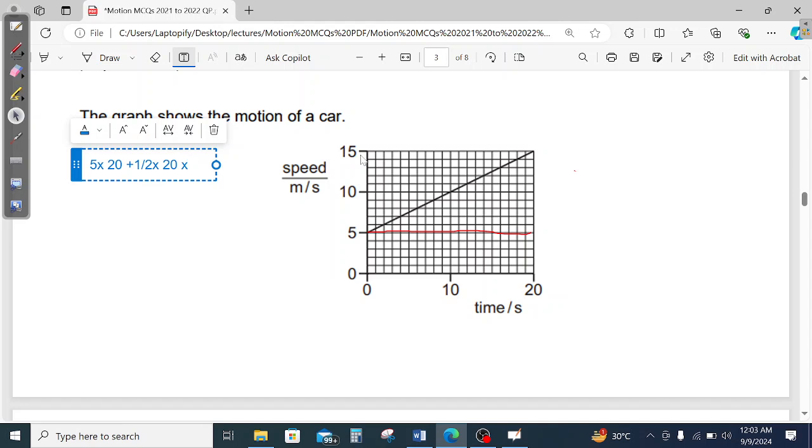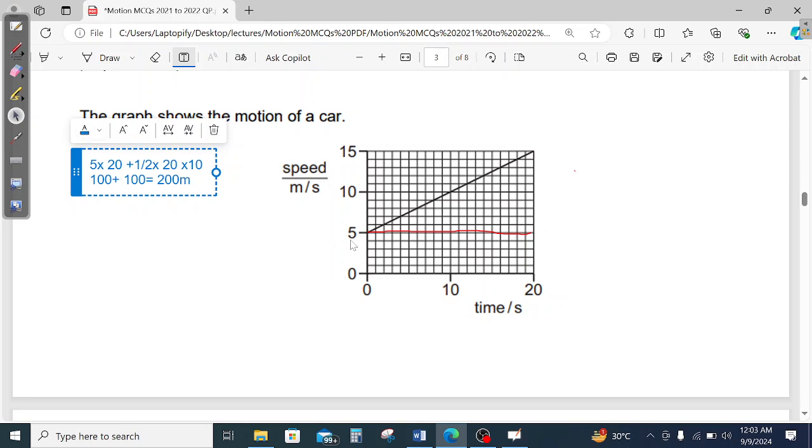So subtract 15 minus 5, you will get 10. So 5 multiplied by 20, you will get 100. Then solve this one, 2 tens are 20, 10 tens are 100. So your answer will be 200 meters.